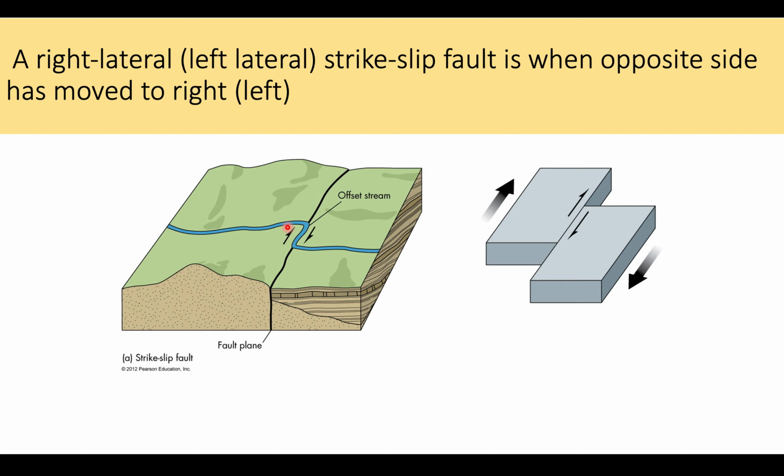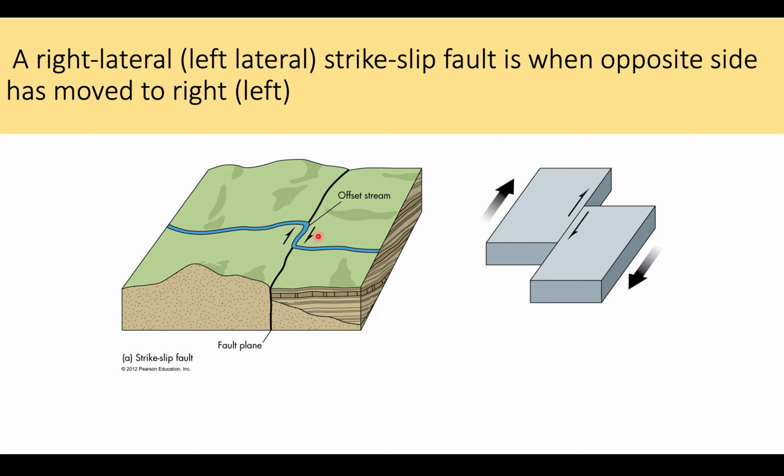The left block, if you were standing, say, where this arrow is, watching the motion of this side of the fault line, so watching the motion of the other side of the fault line. If you were standing here, the fault would be moving to the right. So you would see that right lateral motion.